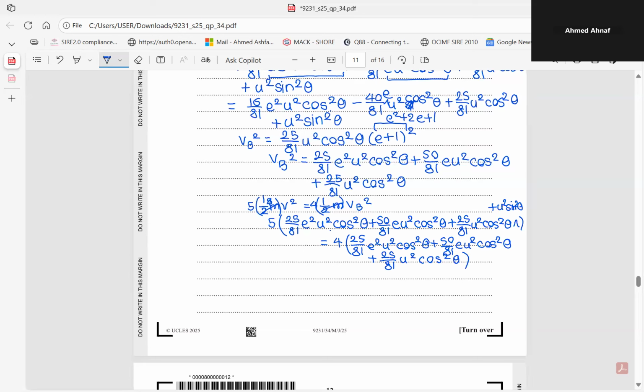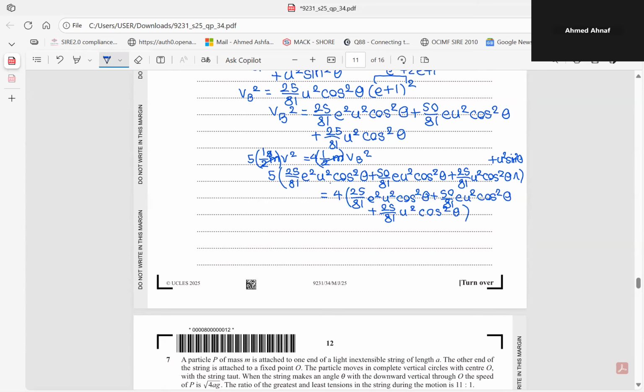So we can now factor out u squared cosine squared. So the final expression would be 125 over 81 e squared.